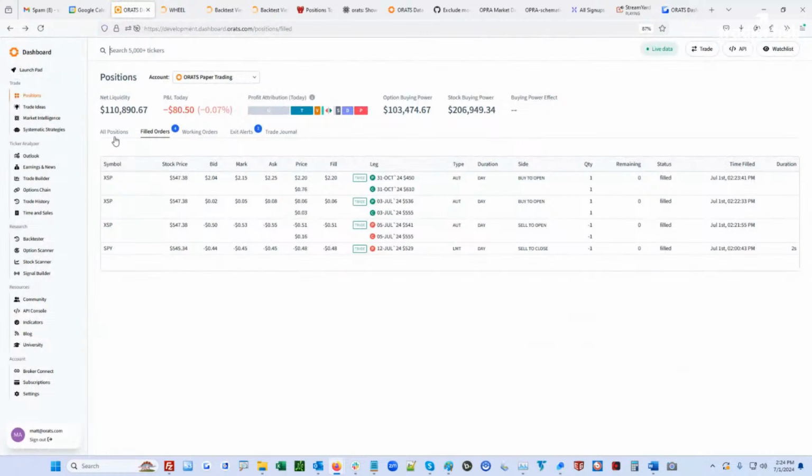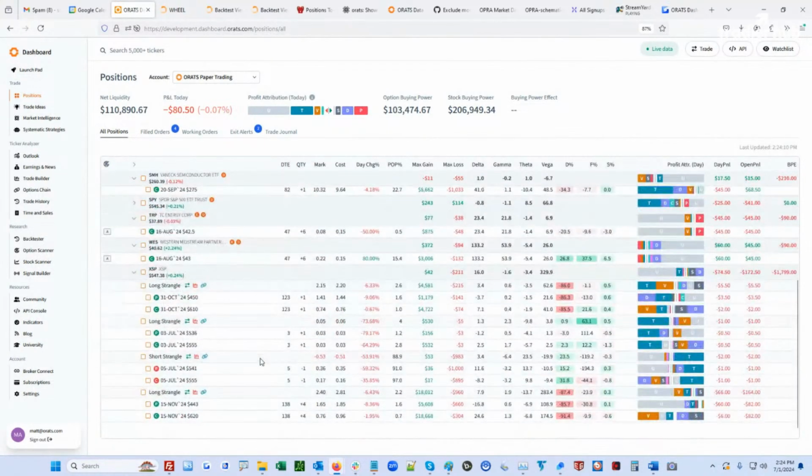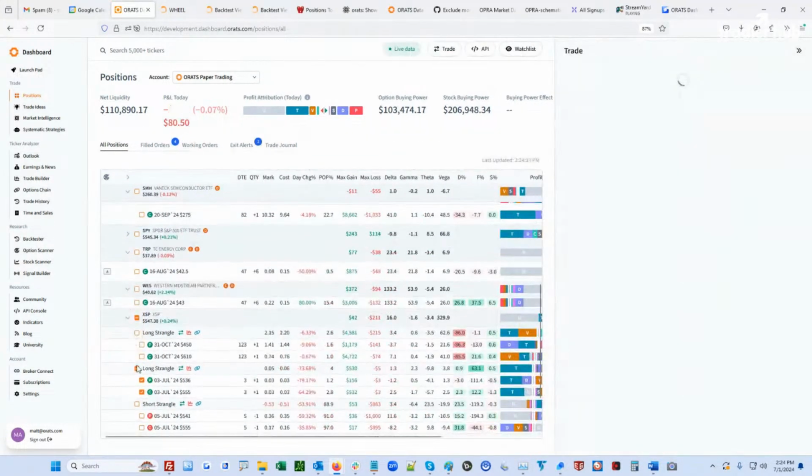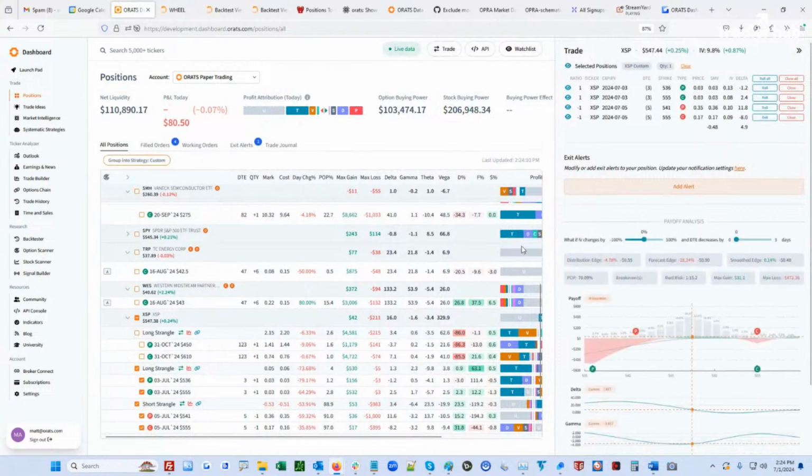So let's go look at XSP. There's the long-term one. The problem is the long-term one doesn't compare well, so let's just look at the short terms first.